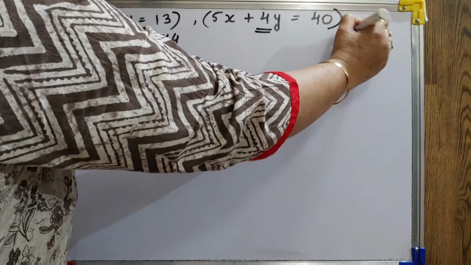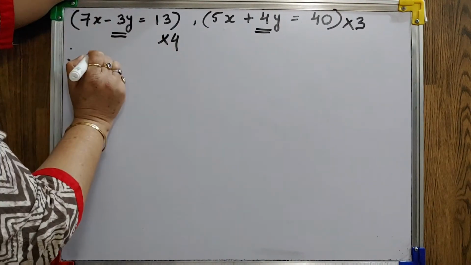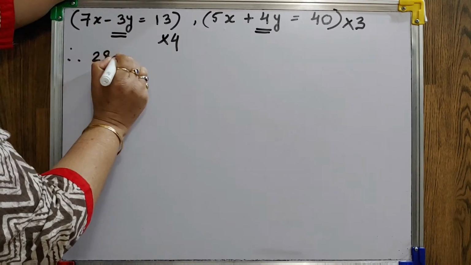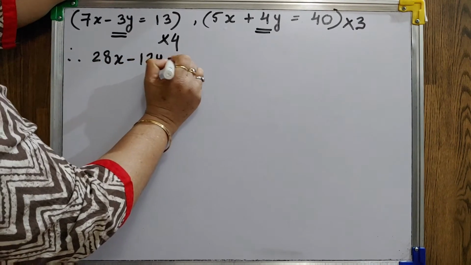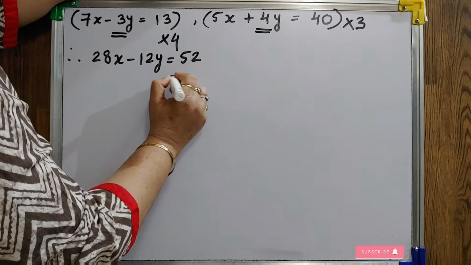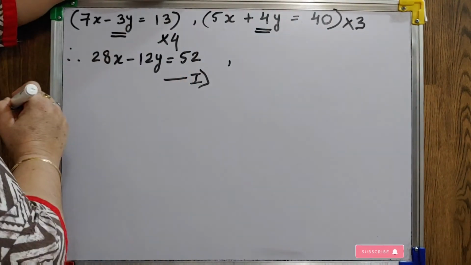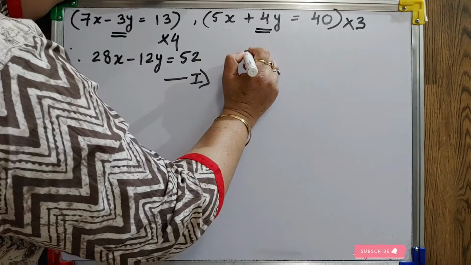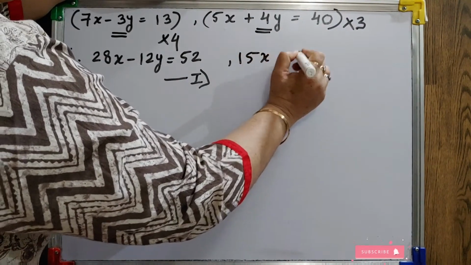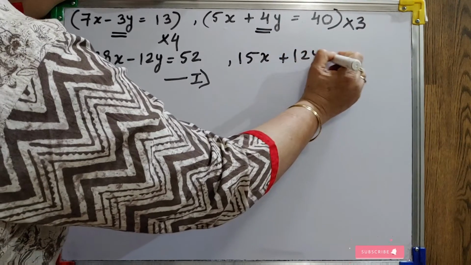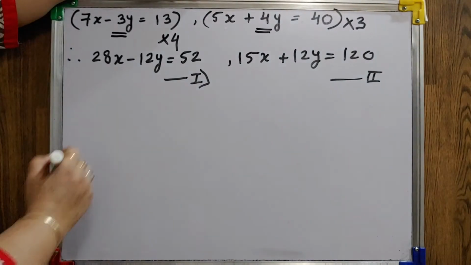Same way, I will multiply this equation with 3. On multiplying with 4, you will get 28x minus 12y equal to 52. This is our first equation. Same way multiply this equation with 3, so it will be 15x plus 12y equals 120. This is your second equation.